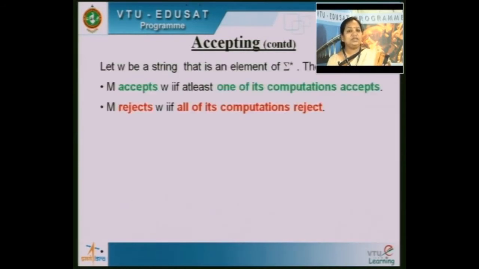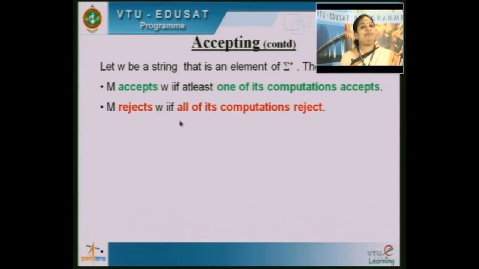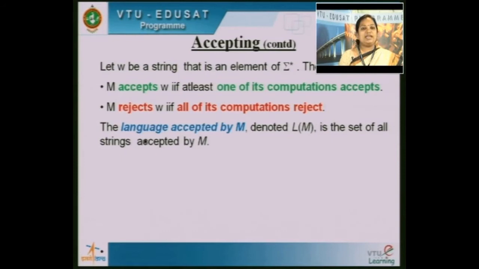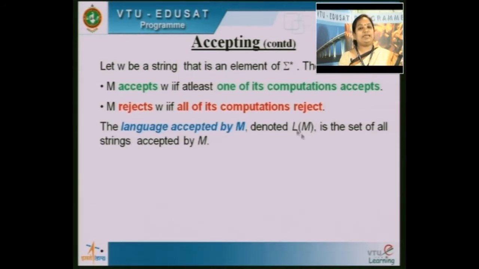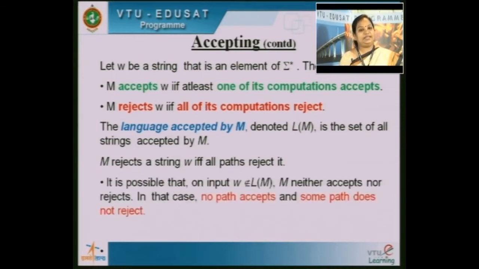Coming to the language, if w is a string that is an element of sigma star, then M accepts w if and only if at least one of its computations accepts, and M rejects w if and only if all of its computations reject. The language accepted by M, denoted L(M), is the set of strings accepted by the machine M. M rejects a string w if and only if all paths reject it.